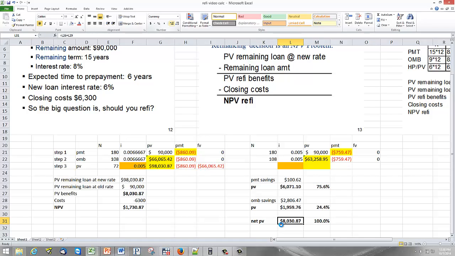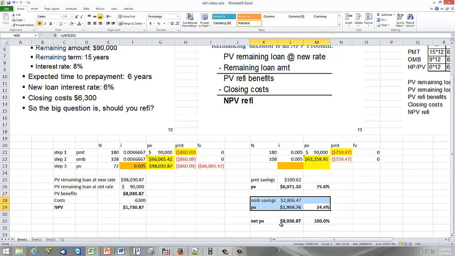So of our savings, 75% or so occurs because of the present value in our monthly payments. About 25% occurs because of our savings in our outstanding mortgage balance. So again, not going to ask you to do this on a test, but this helps illustrate that there's savings from both of those components.